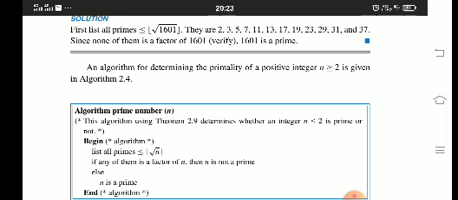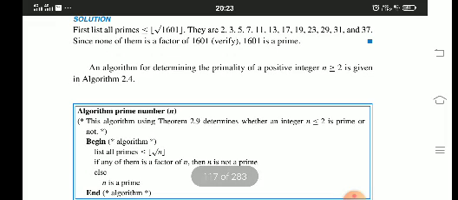If some number in this set is a factor of 1601, then 1601 is not prime. 2 is not a factor of 1601. 3 is not a factor. 5 is not a factor. 7 is also not a factor.